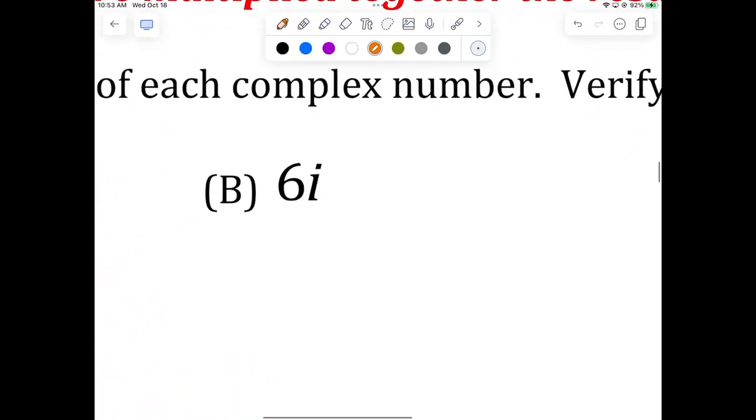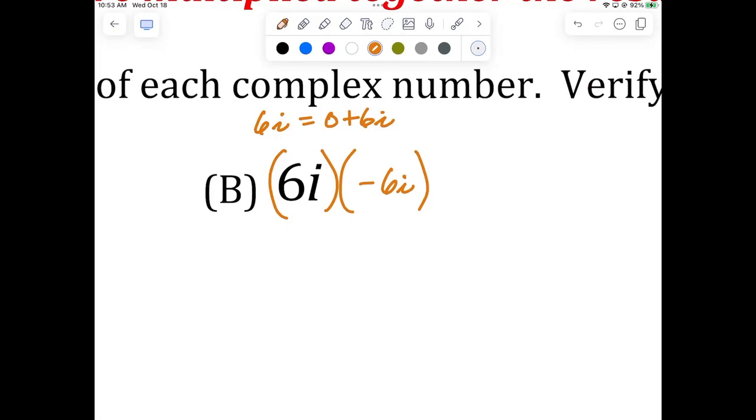All right, 6i. What would be the complex conjugate of 6i? Negative 6i, very good. Because 6i is really 0 plus 6i. And the complex conjugate will be 0 minus 6i, or just negative 6i. This one's easy, right? There's no foiling to do.